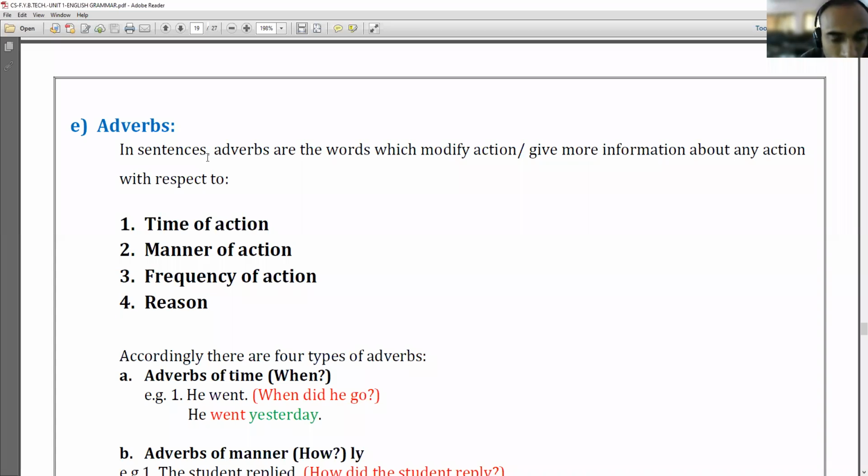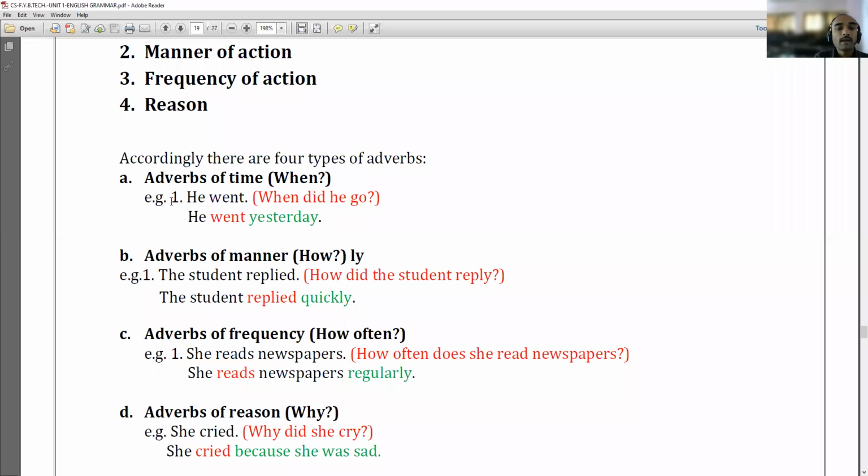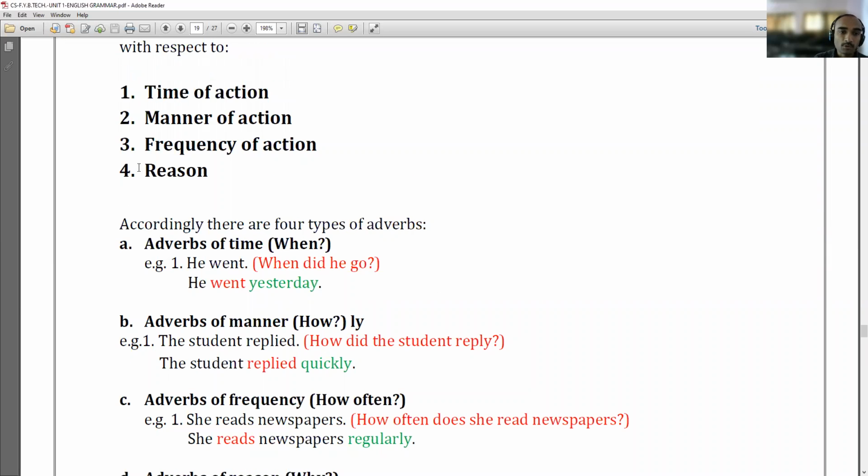Okay, let's understand the first type. Accordingly there are 4 types of adverbs. So from these 4, time of action, manner of action, frequency of action and reason of action, we can say that there are 4 types of adverbs. 4 प्रकार आहेत ऍडवर्ब्सचे, क्रियाविशेषणाचे.